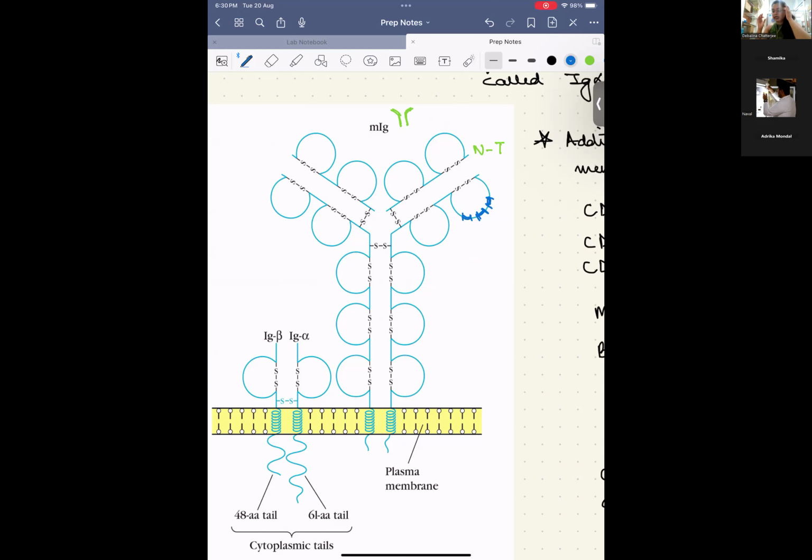What does this mean? If we look from this terminal of the antibody, the C terminal, which is also embedded inside the plasma membrane, then from the C terminal towards the N terminal, the variability increases.